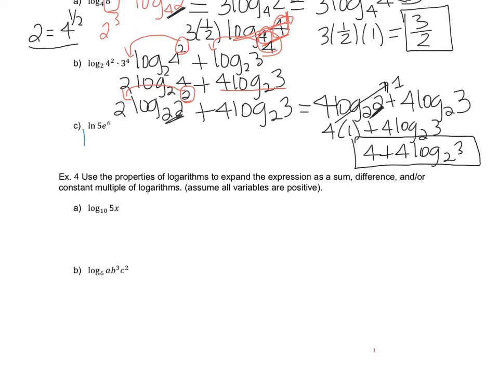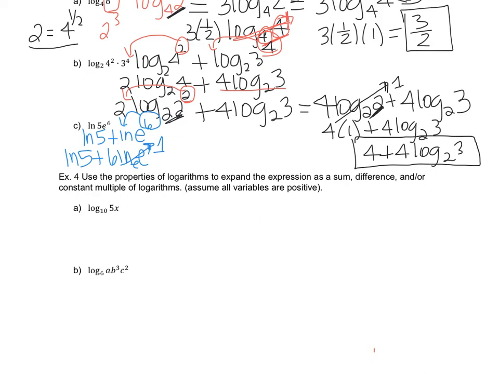I'm going to say ln of 5 plus ln of e to the 6th. Now, the reason that I want to do that is because I can drop that 6 down in front. So then it's ln of 5 plus 6 ln of e. And remember, we've already talked about ln of e, because the bases match, it goes to 1.